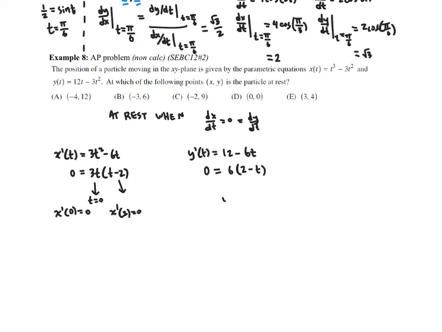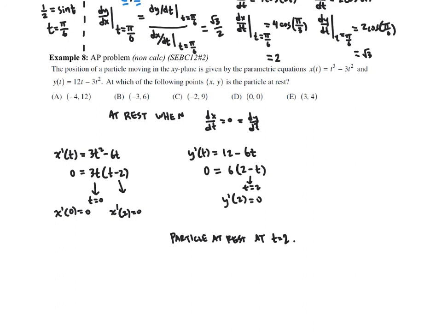So it looks like y prime at 2 should equal 0. Thus, we know that the particle is at rest at t equals 2.